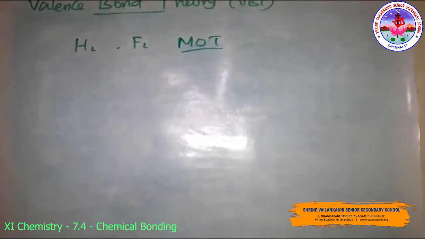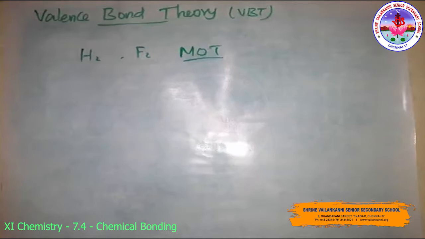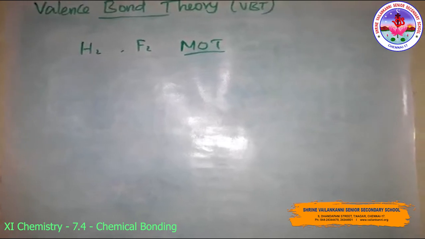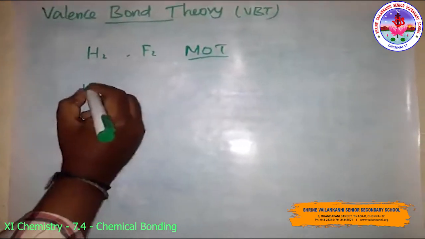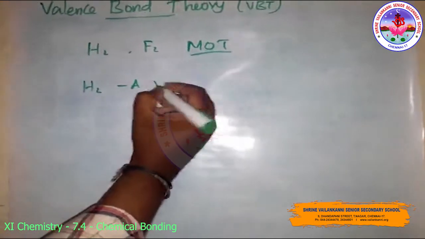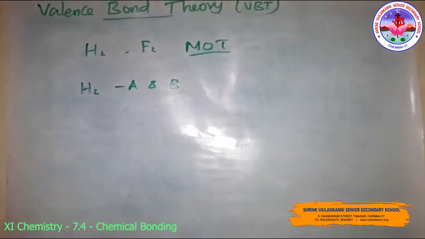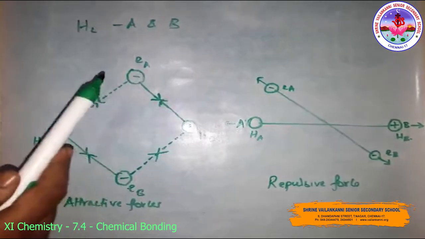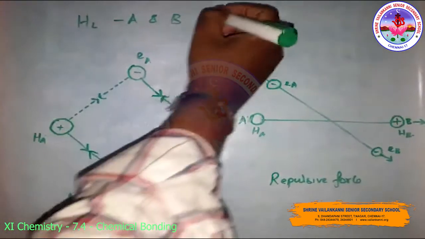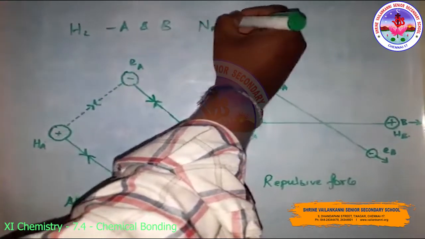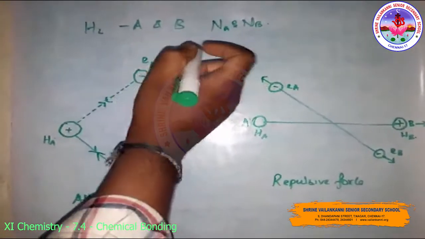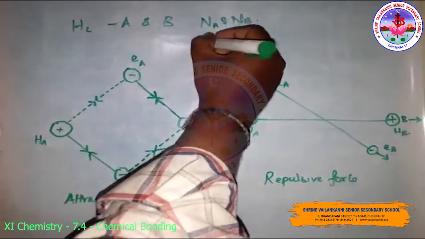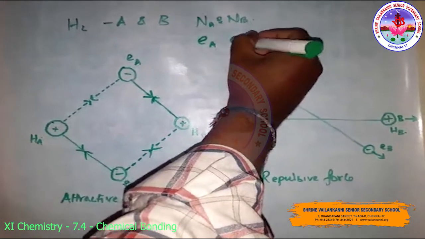Now consider the formation of the hydrogen molecule, which is the simplest of all molecules. Consider two hydrogen atoms, A and B. Here the two hydrogen atoms are approaching each other, having the nuclei Na and Nb, and the electrons present in them are usually represented by Ea and Eb.